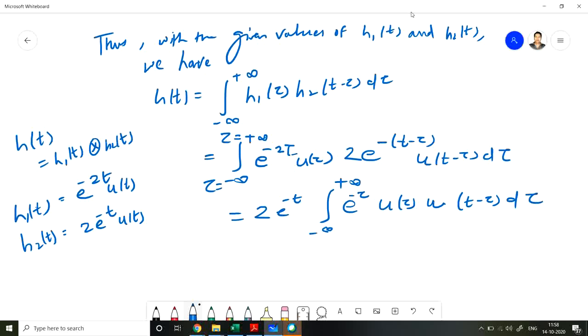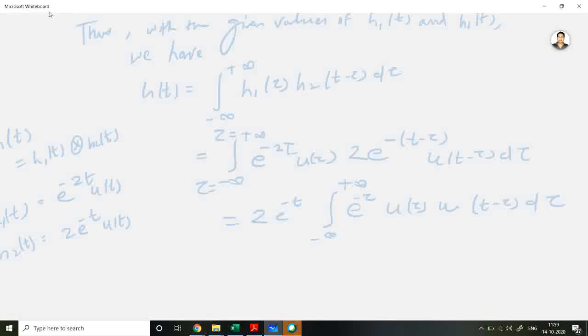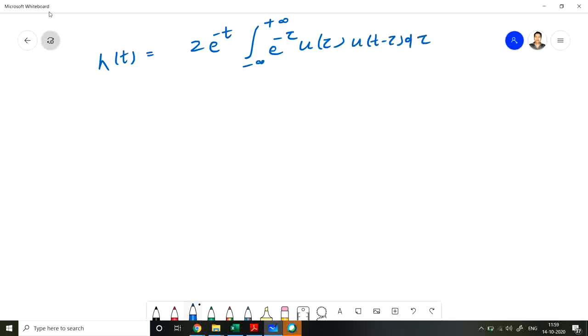So we are getting h(t) is equal to 2 e raised to the power minus t, integral from minus infinity to plus infinity of e raised to the power minus tau u(tau) u(t minus tau) d tau.